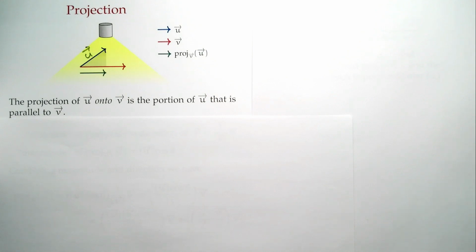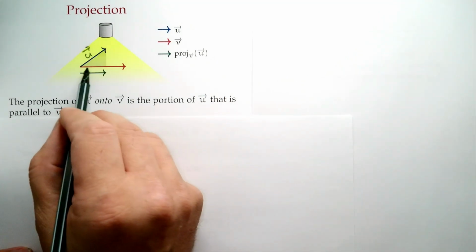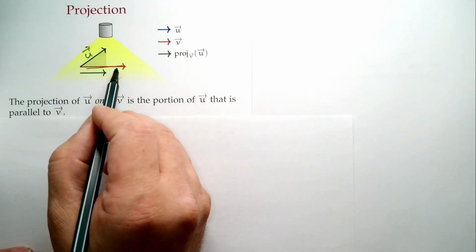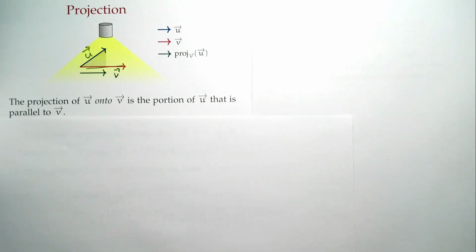And now what I want to think about doing is I want to say how much of U is parallel to V. So here's this other vector downstairs. This other vector downstairs is V. So this long V. And so the way I can think about it is, I have a really bright light that's shining, and I'm casting a shadow.